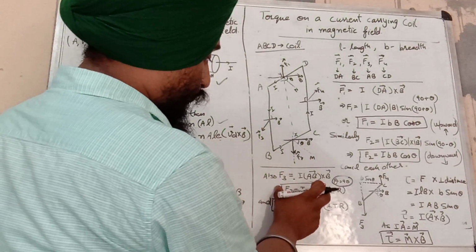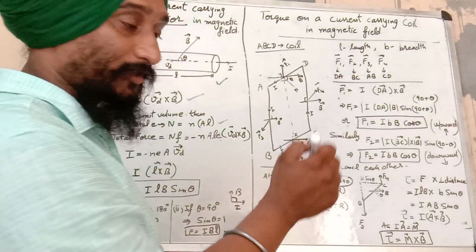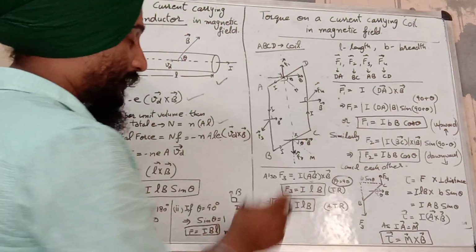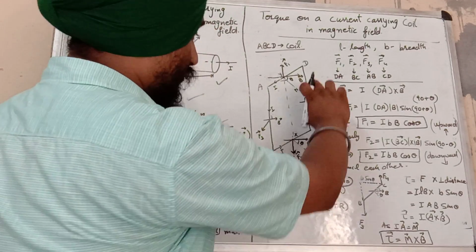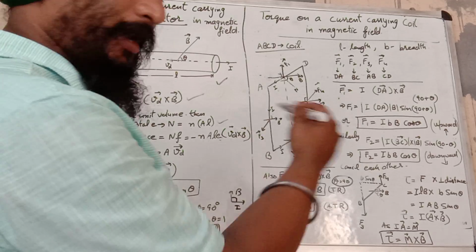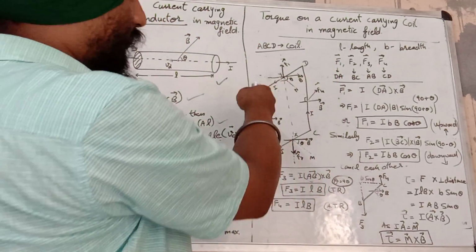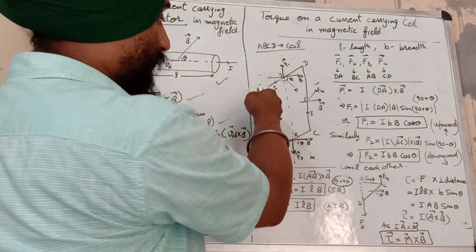This force acts toward the reader, and since the direction of current is reversed on the other side, the force there acts away from the reader. This one is outward, this one is inward.